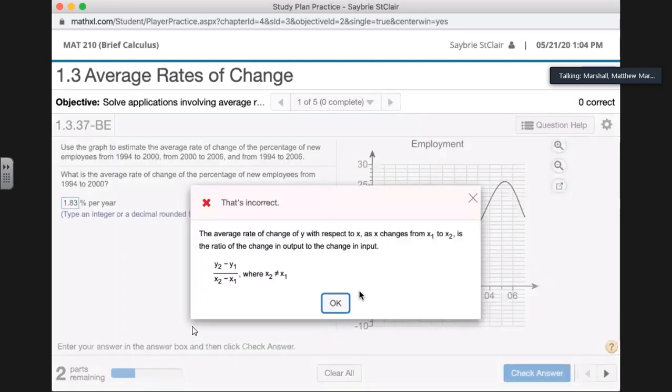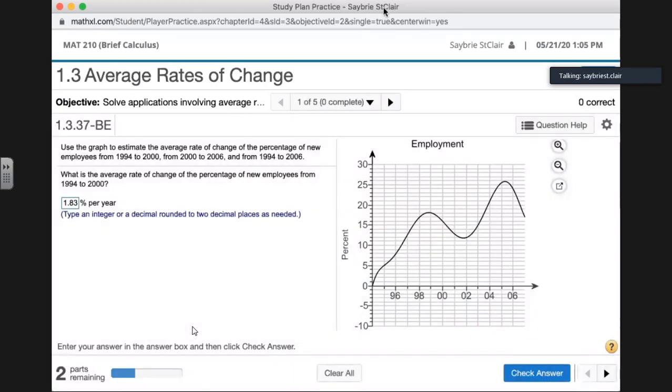Uh-oh. That's incorrect. I don't know why that would be incorrect.